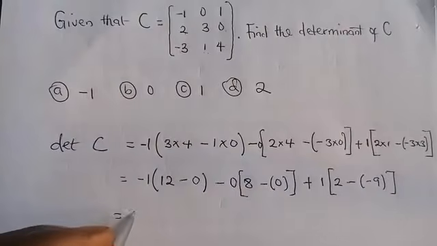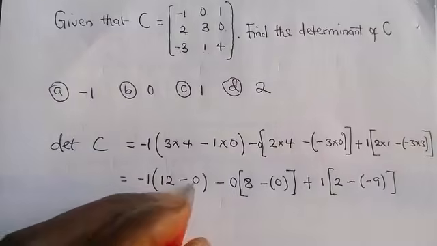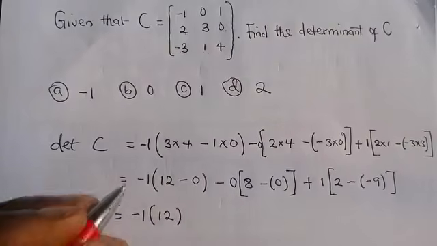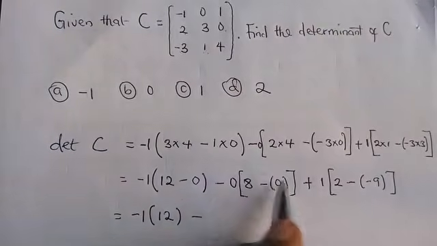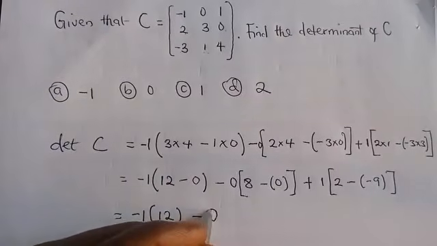And that's equal to minus 1 into 12. 12 minus 0 is 12. Minus 0 times whatever you have here is equal to 0.